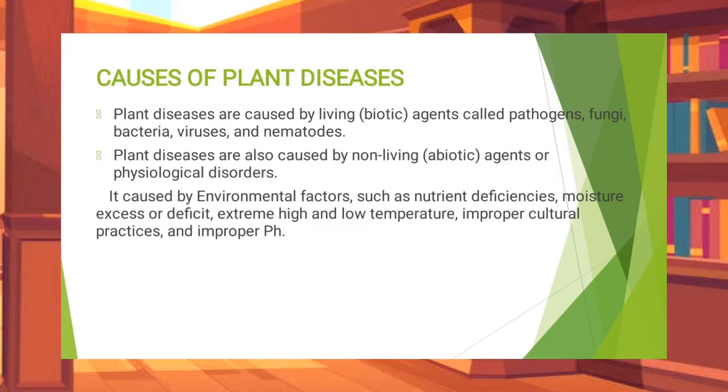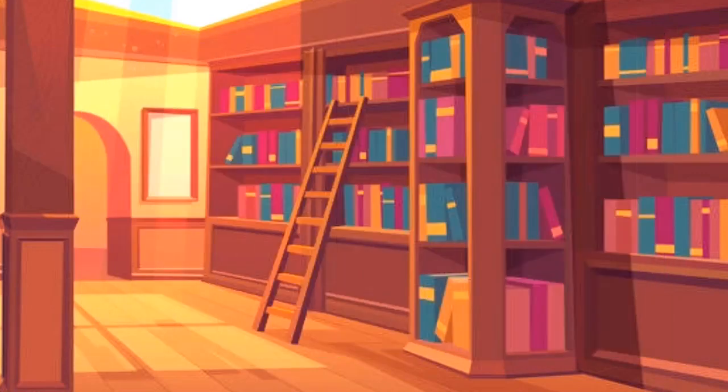These are caused by environmental factors such as nutrient deficiencies, moisture excess or deficit, extreme high and low temperature, improper cultural practices, and improper pH. So it means it is not only about pathogens like fungi or other living biotic agents. It is also about when the soil is not fertile, or the plant gets too much temperature or too much water, and that is another reason for plant disease.